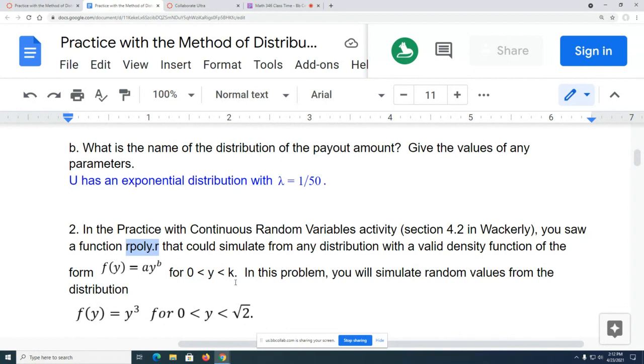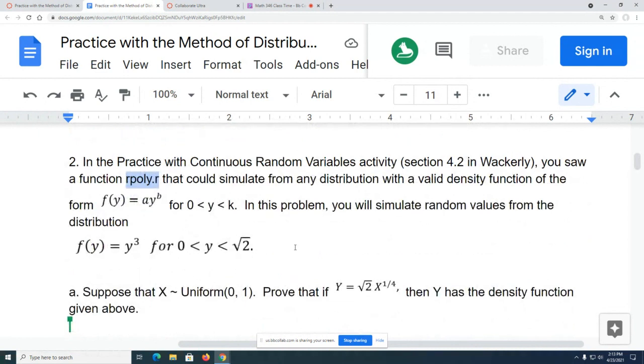So in this problem, we're going to use that idea and understand how that code worked, how it did what it did, by simulating values from the density function f of y equals y to the third for y between 0 and square root of 2.